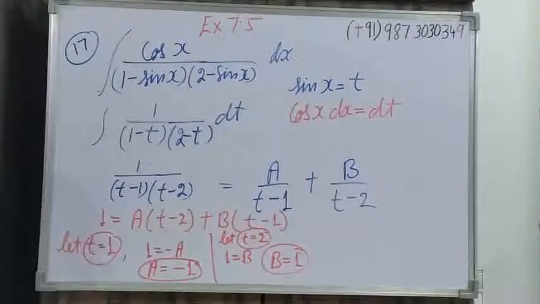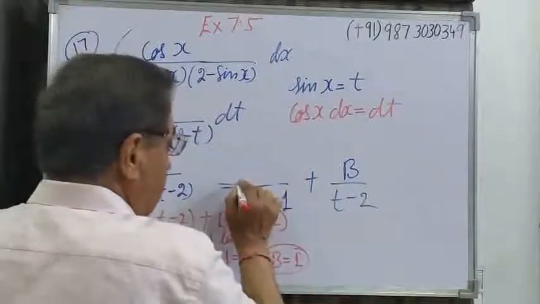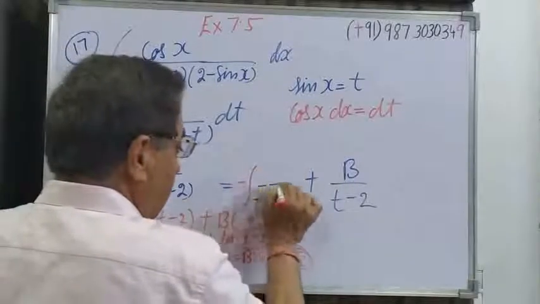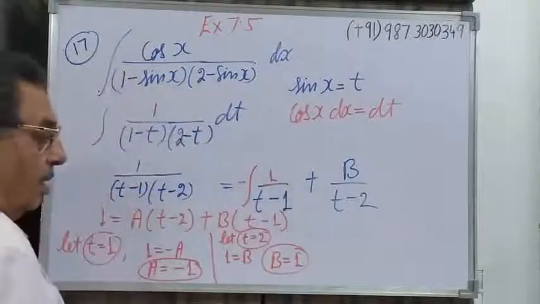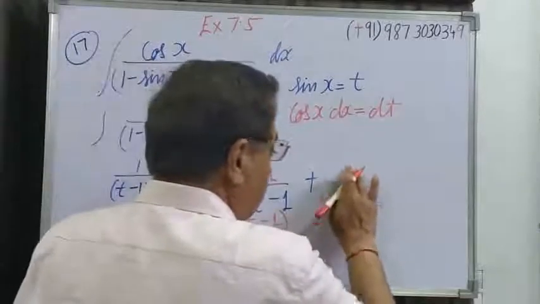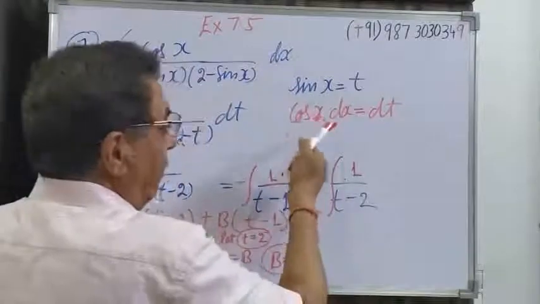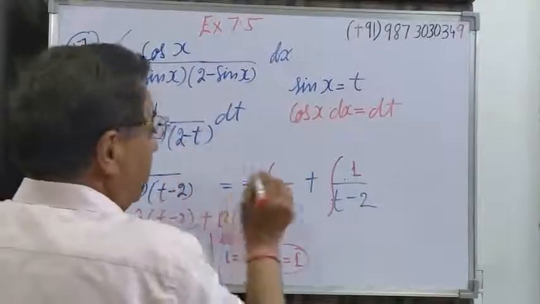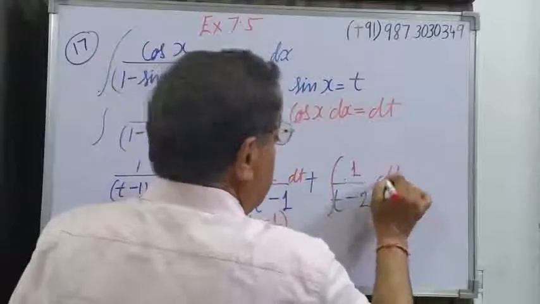Now this whole of the question becomes: for A we put -1, and for B we put the value 1, with respect to dt.